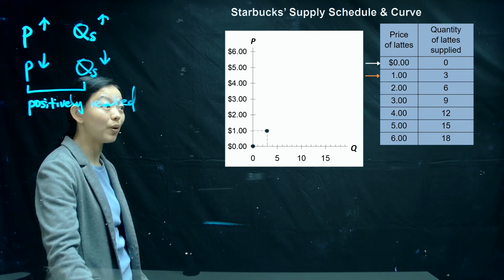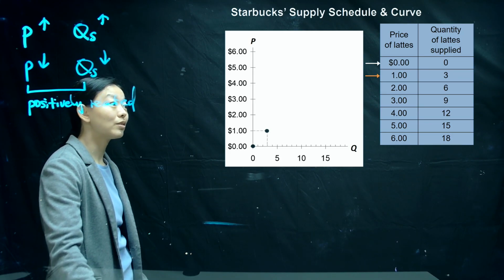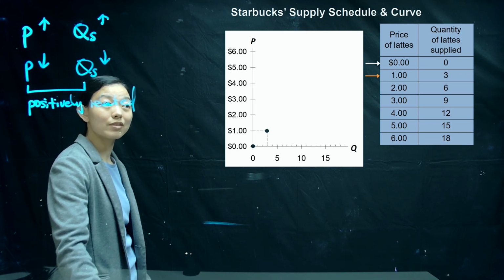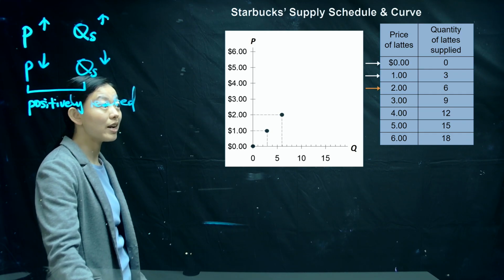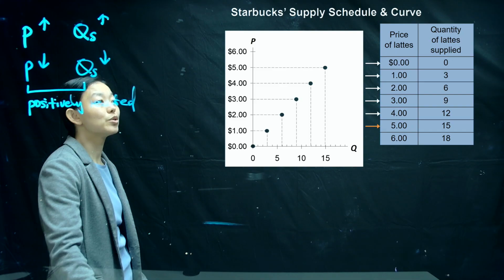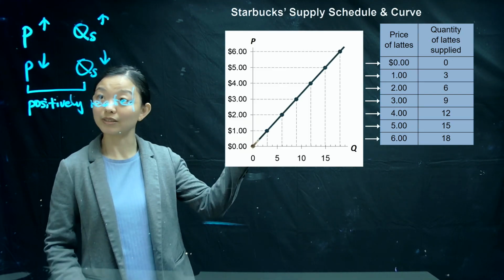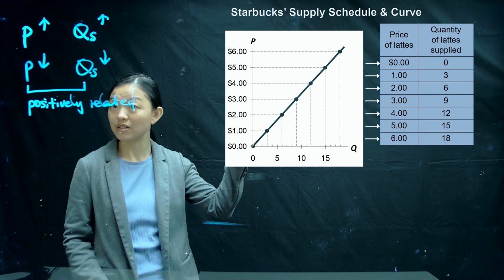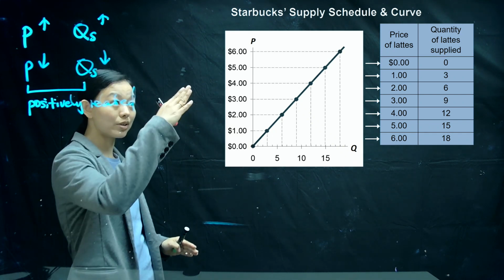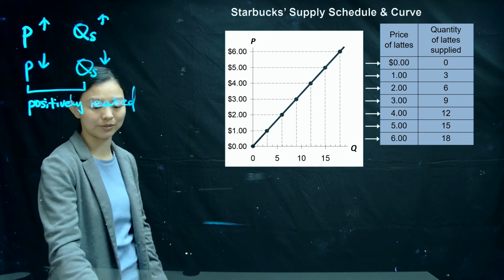When the price increases to 1, then 3 units of latte will be available. And then as the price increases, Starbucks would like to offer more lattes. So if you link those dots, you get the supply curve, which is an upward trend, right? So we have an upward slope for the supply curve.